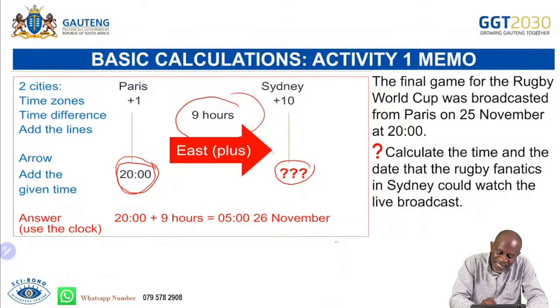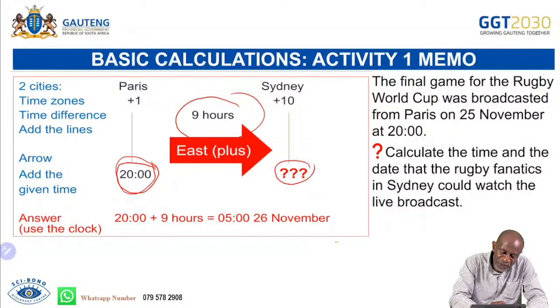Look at the direction arrow. It means we want to determine the time for the country in the east, so we always plus. We apply the plus sign.